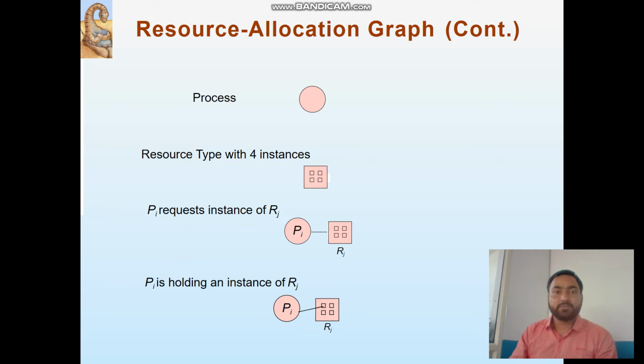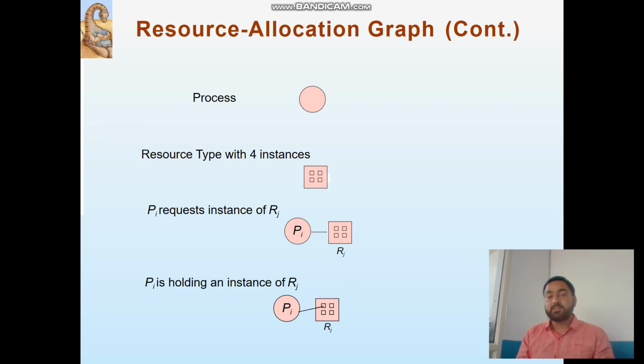Now these are the symbols that are used in a resource allocation graph to demonstrate various situations. A circle is used to demonstrate a process. A resource is represented by a square, and the small internal squares in the square represent the instances of a particular resource.